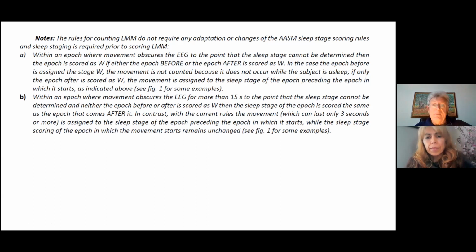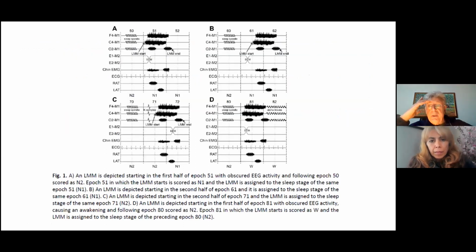Again, we see an example, a schematic example. You see here what we have. We have 3 epochs scored N2, N1, and N1. You see that there is a big movement starting here.